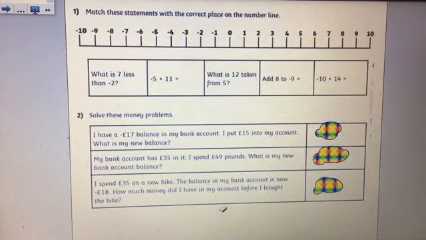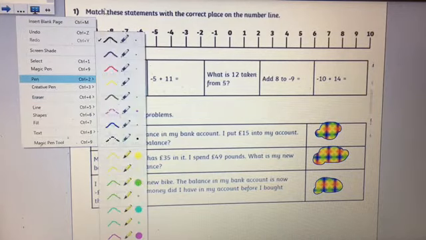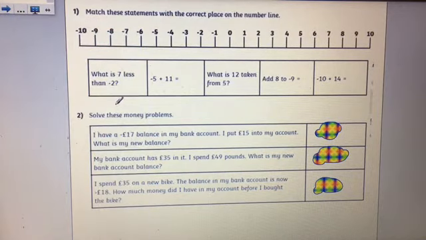Okay, so here are your first few questions. Press pause to do them on your own. So let's have a look at this first question. What is 7 less than minus 2? The answer for this one would be minus 9. Minus 5 plus 11 would be 6.